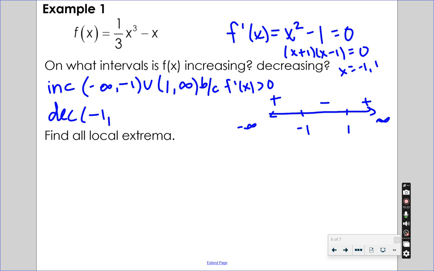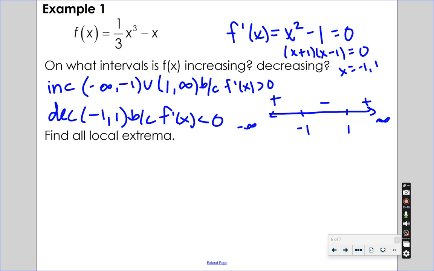Decreasing, negative 1 to 1, because f prime of x is less than 0. All right, that matches what I know to be true about cubics. It's going up, then it goes down, then it goes back up.